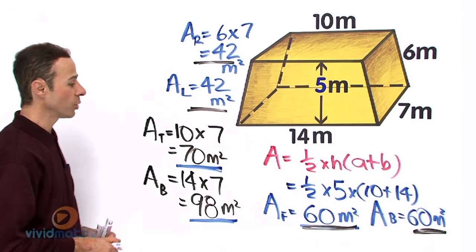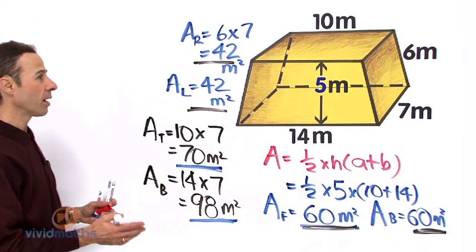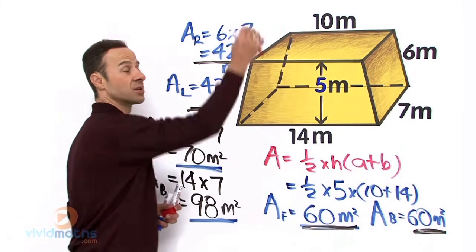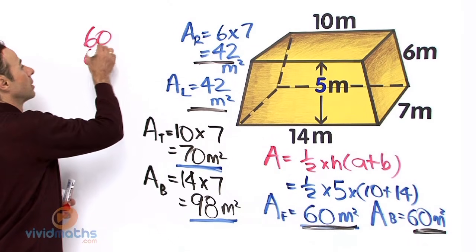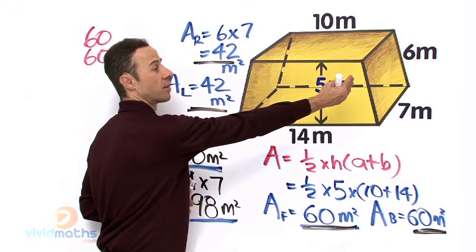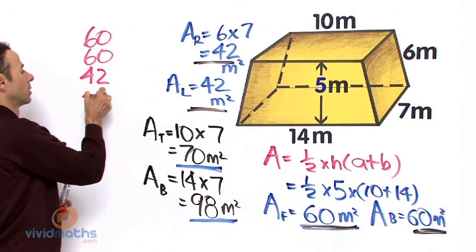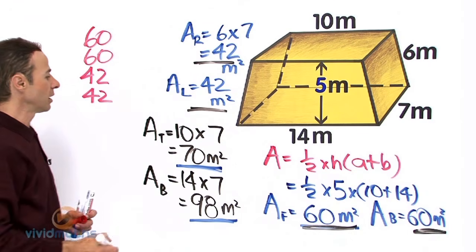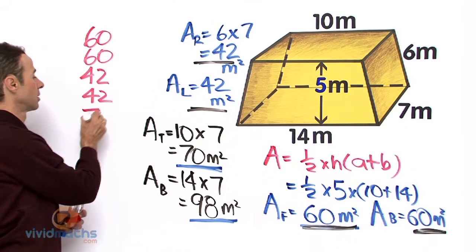So we have the 260s, which are the areas of the front face and the back face. So let's write that up. And then we have the 242s, which is the right face and the left face. And then we have finally the top, which is up there, which is 70.